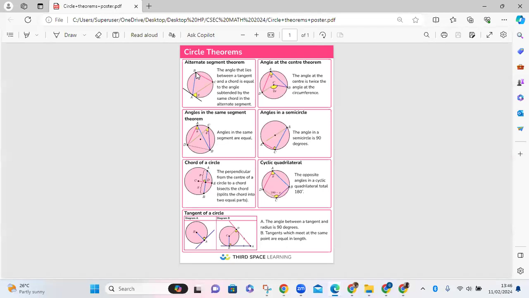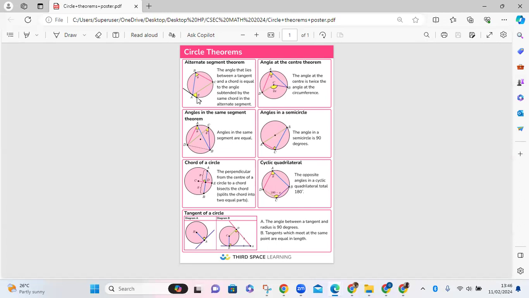So that's what they mean by subtended. So you have to go away from AC, coming back now to A. So that angle CBA, which is away from AC, is equal to that angle there.